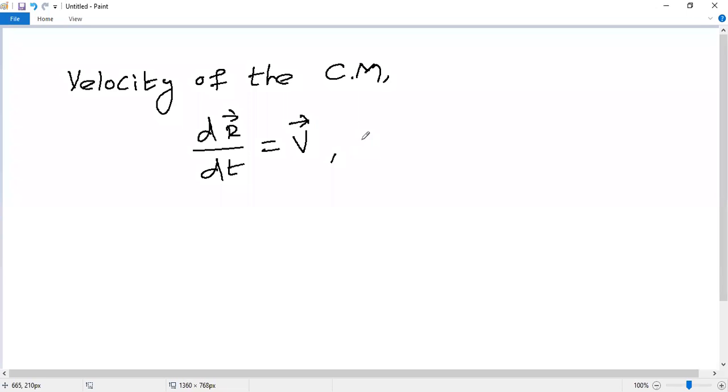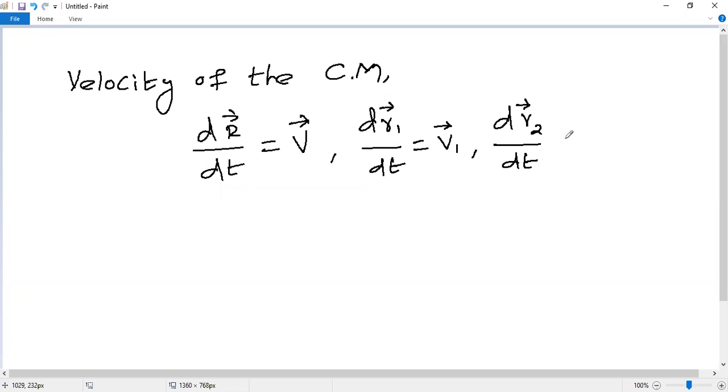Same for the small values also: dr1 vector divided by dt is equal to small v1, up to vn. Similarly dr2 divided by dt equals v2 vector, up to n terms. All these values I am replacing into equation number 2.